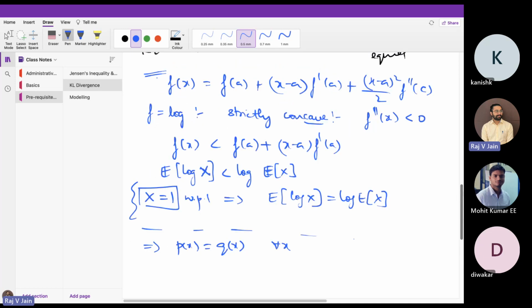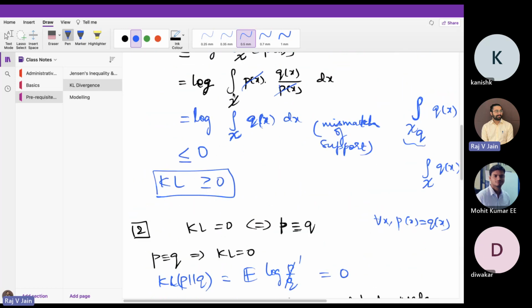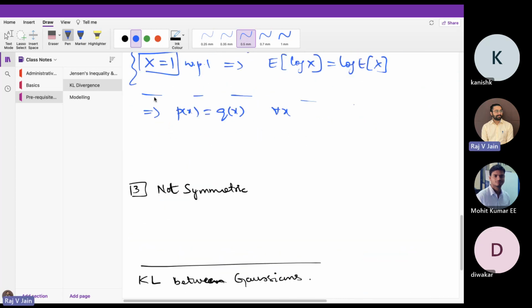Okay, this is one. Then what about the second issue, mismatch of support? By the way, does this issue exist anymore under this thought process? Support has to be the same for both. There cannot be any point x where q has some non-zero probability but p of x doesn't.